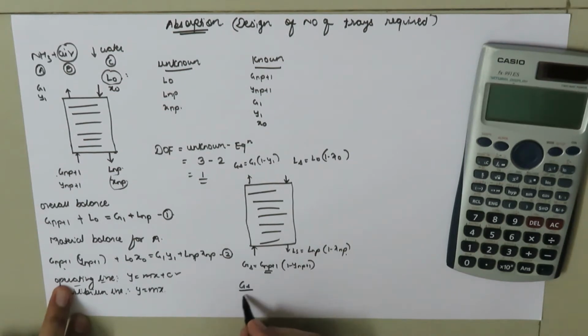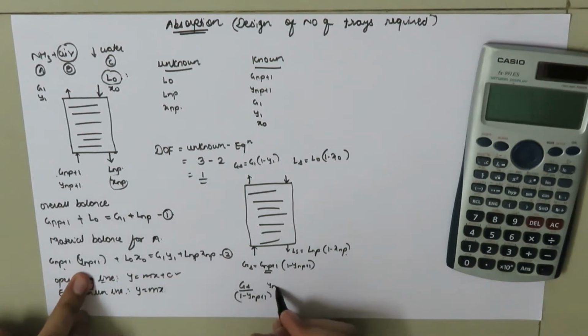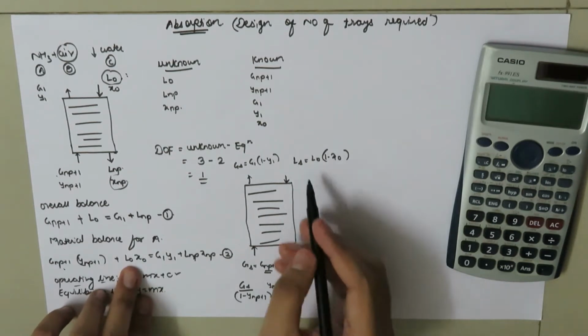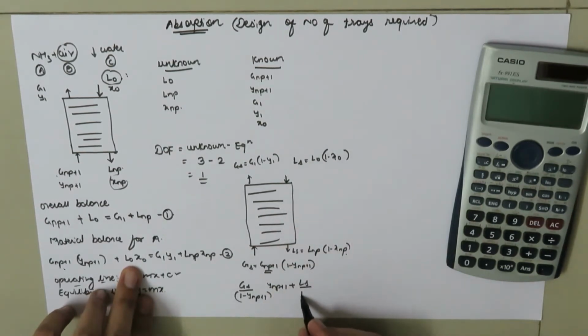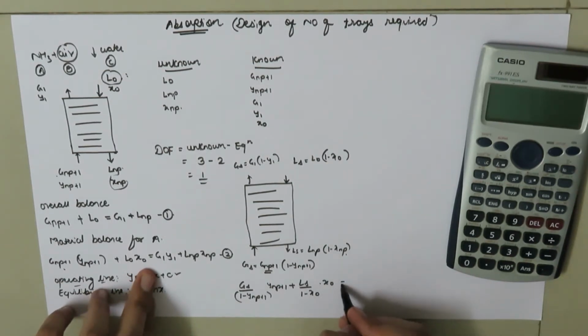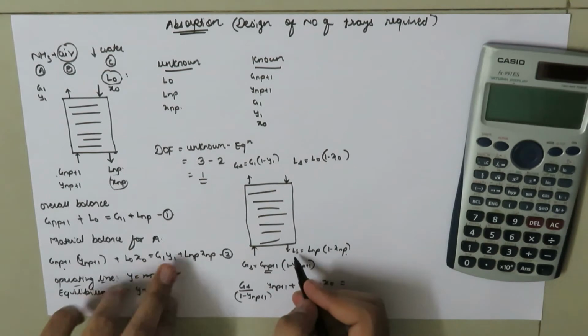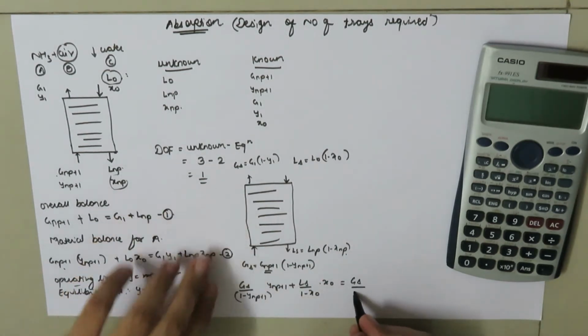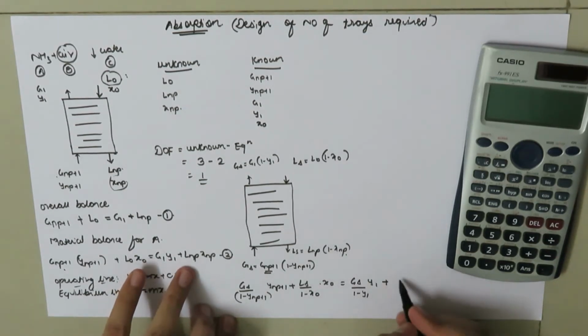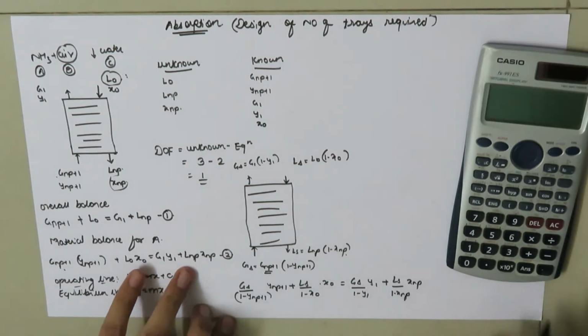So this will be Gs over (1 minus Y_{N_P+1}) times Y_{N_P+1} as it is, plus L0 written as Ls over (1 minus X0) times X0 as it is, which is equal to G1 written as Gs over (1 minus Y1) times Y1 as it is, plus L_{N_P} written as Ls over (1 minus X_{N_P}) times X_{N_P} as it is.